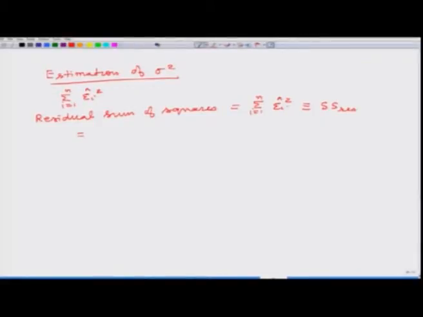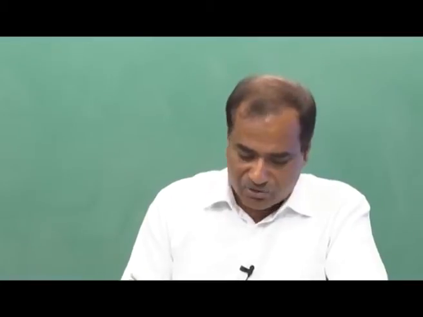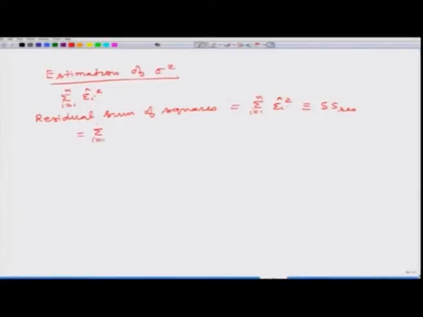So, we would like to solve it further and obtain different possible forms of the sum of squares due to residuals. If you try to see here, this quantity is nothing but the summation i goes from 1 to n of y i minus beta 0 hat minus beta 1 hat x i, whole square.